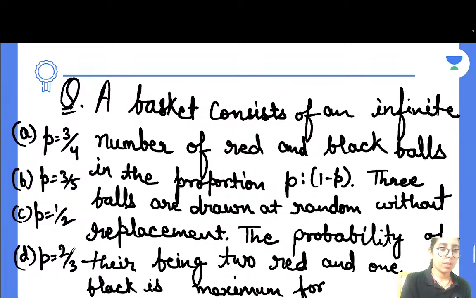Try it now and let me know as you get it done. And whatever is the right option according to you, you can just mention it. If you are not able to get it, guys, then I will let you know what steps you have to take or how you will proceed further to get the answer. Okay, I'm just going to wait for your reply for some time and then I'll continue the discussion.